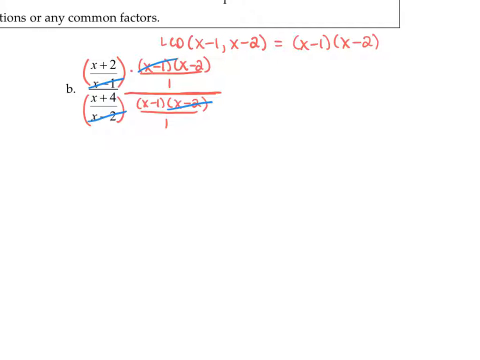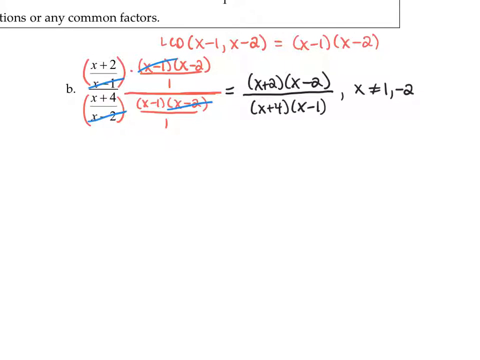So my answer is just the product of what's left in the numerators, which is x plus 2, x subtract 2. They have a denominator of 1, so I don't need to write that, over x plus 4, x subtract 1. And we should take note of the cancellations we've made. So x cannot equal 1 or negative 2. Those are from my canceled factors.